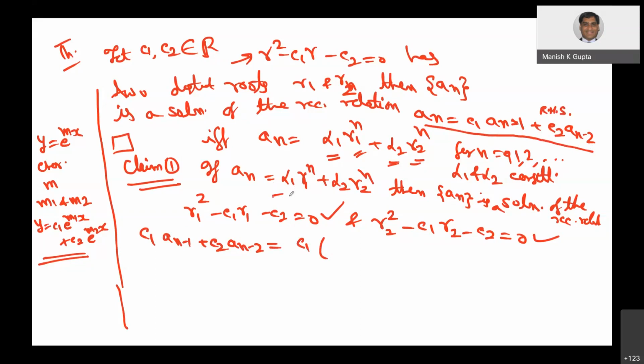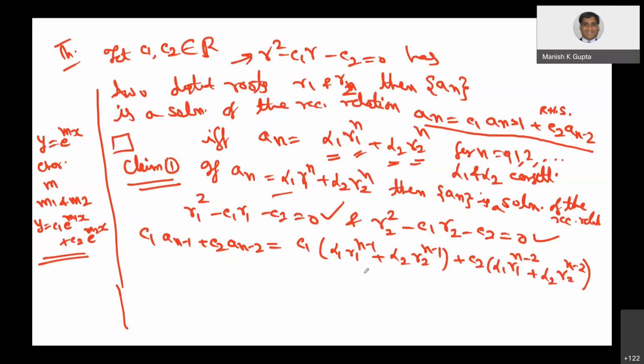From here it will be alpha 1 r1 raised to power n minus 1 plus alpha 2 r2 raised to power n minus 1, right, plus c2 times alpha 1 r1 raised to power n minus 2 plus alpha 2 times r2 raised to power n minus 2, right.